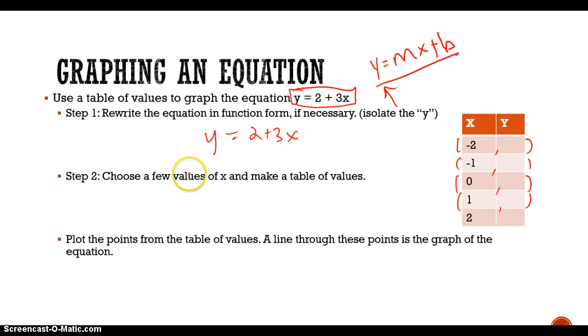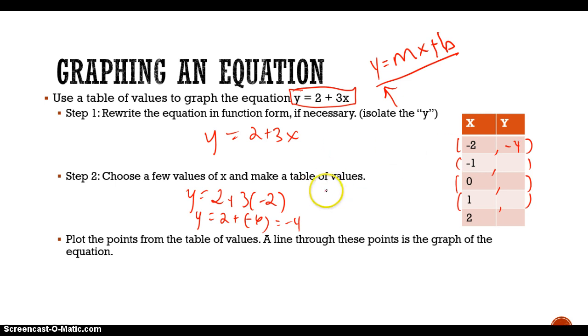So this is where the algebra comes in. We know that negative 2 is our x, so y equals 2 plus 3 times negative 2. So y equals 2 plus negative 6. So 2 plus negative 6 equals negative 4. So we know our y value here is negative 4. So negative 2, negative 4.